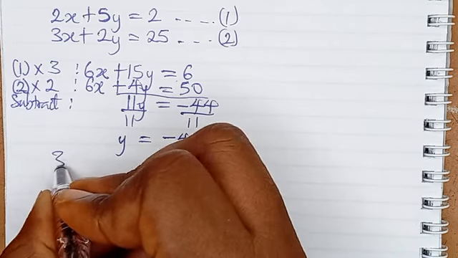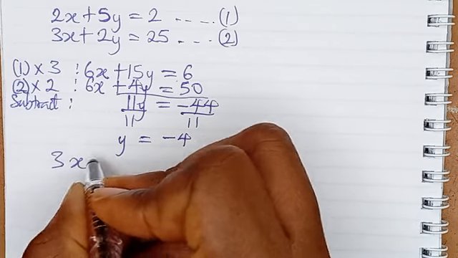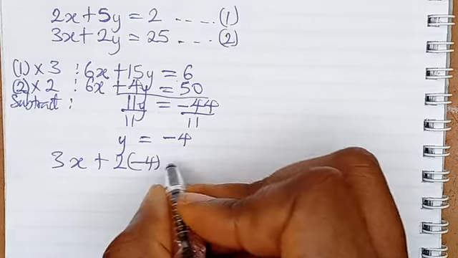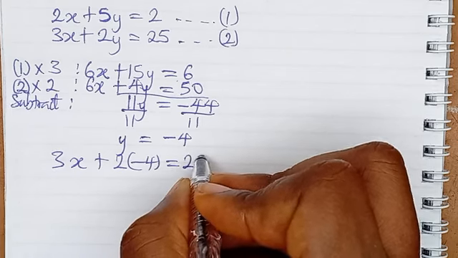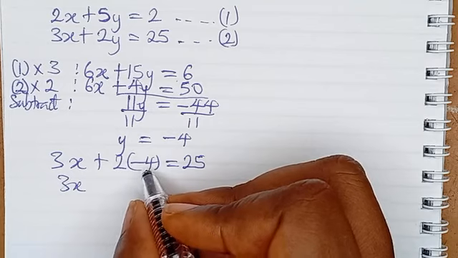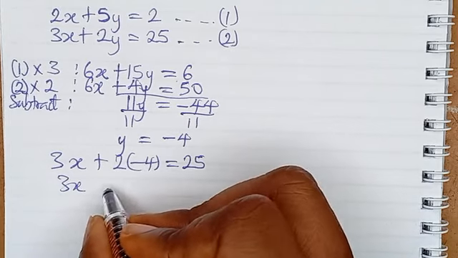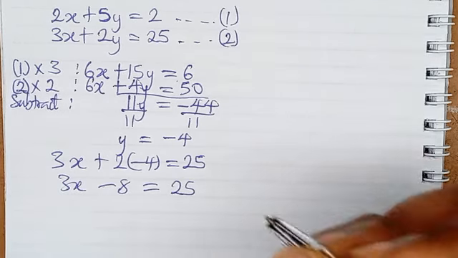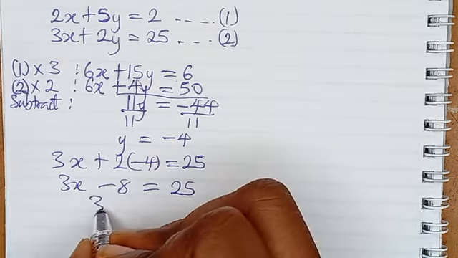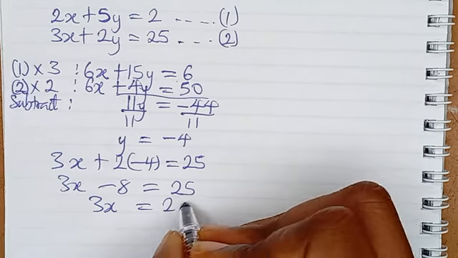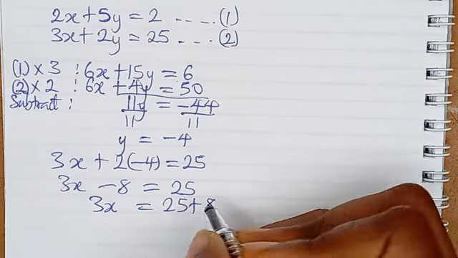We have that 3 into x plus 2, instead of y, we're going to have negative 4 there, is equal to 25. We're going to have that 3x, negative 4 times 2, that is negative 8, is equal to 25. So we are going to collect like terms. 3x is equal to 25 plus 8.